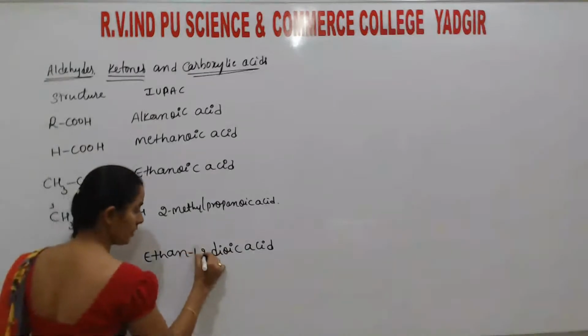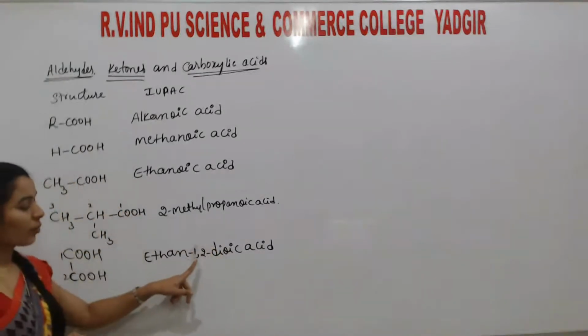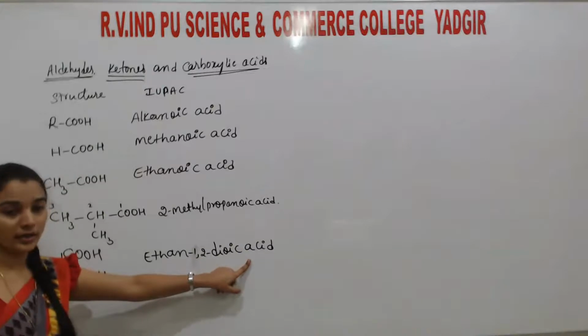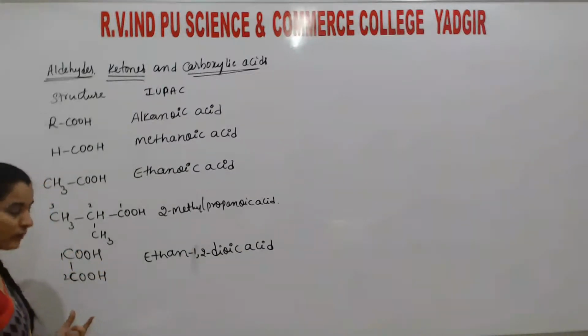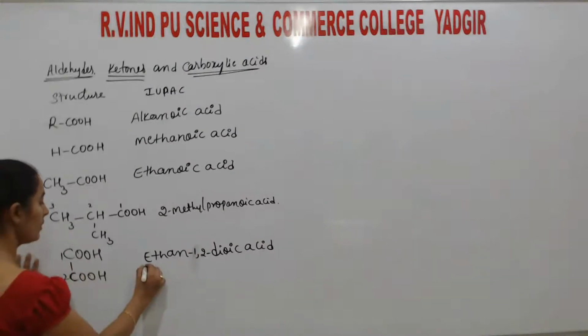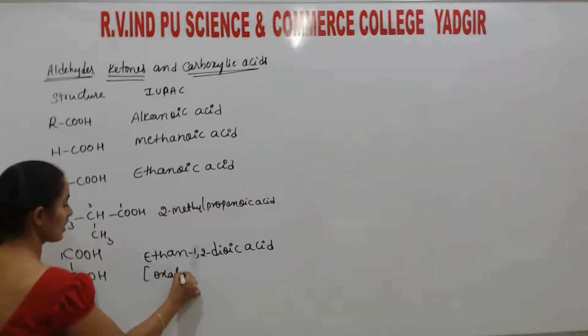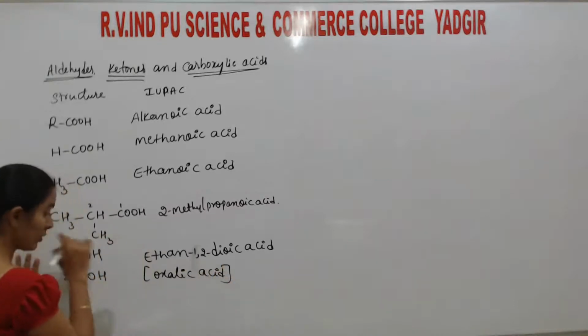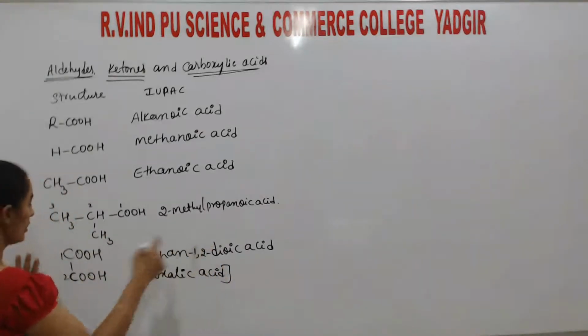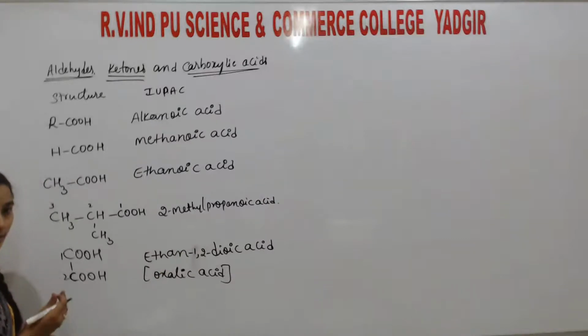That is ethane-1,2-dioic acid. The common name for this is oxalic acid. The IUPAC name is ethane-1,2-dioic acid.